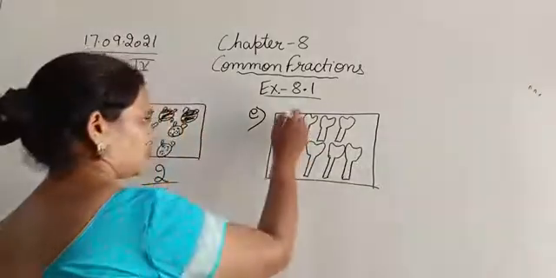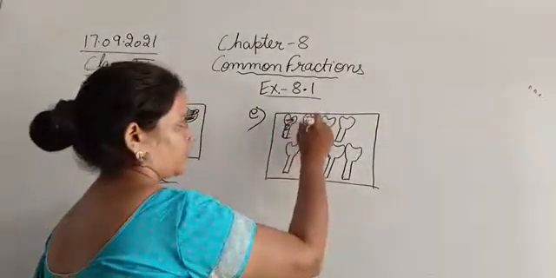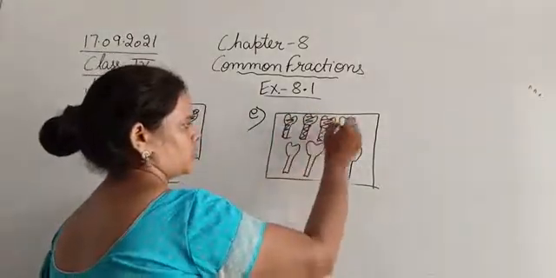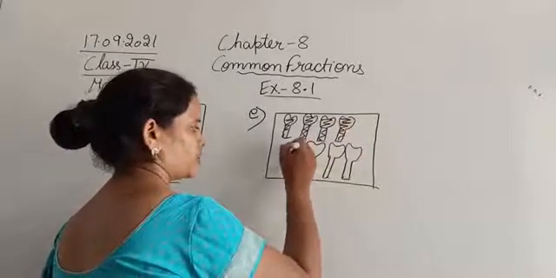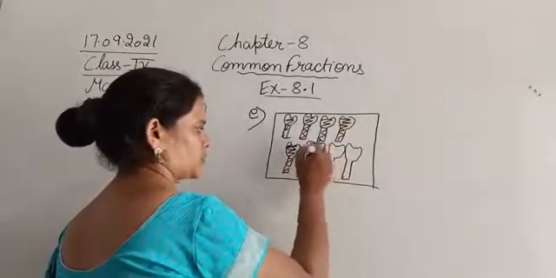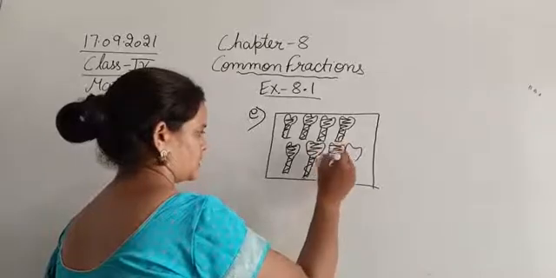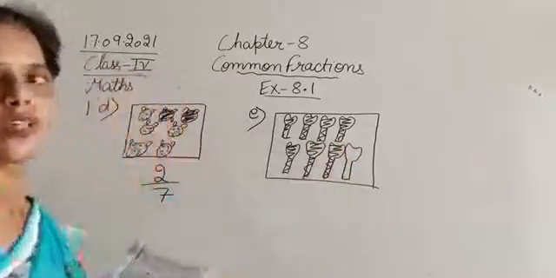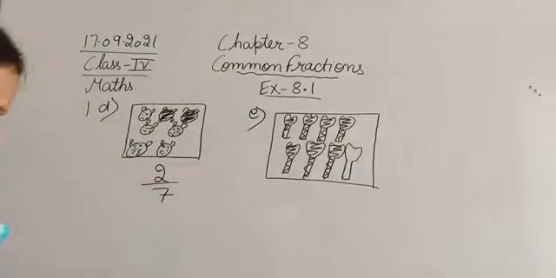And all these are shaded: 1, 2, 3, 4, 5, 6, 7. So all these are shaded here. Now we have to mention the fraction of the shaded collection.